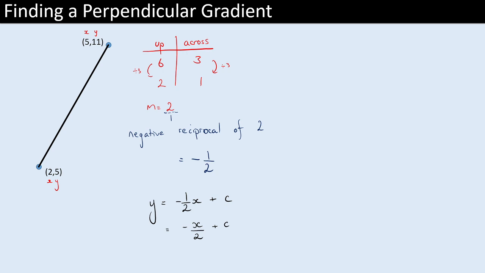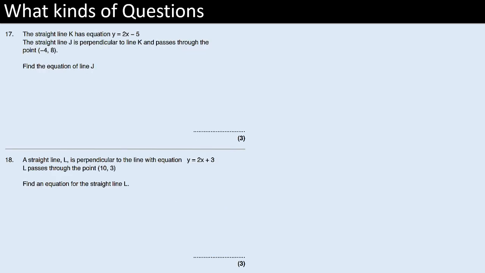We will normally ask for an equation of a line which is perpendicular to one that we've been given. We might ask you to say, are these two lines perpendicular? So you're going to need to check their gradients. Or we might just ask something a bit more like some of these.